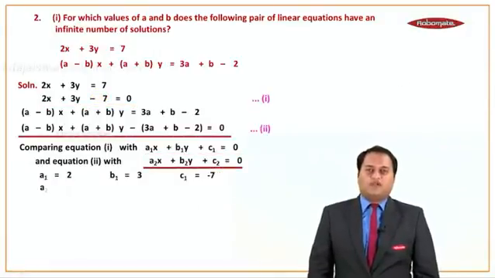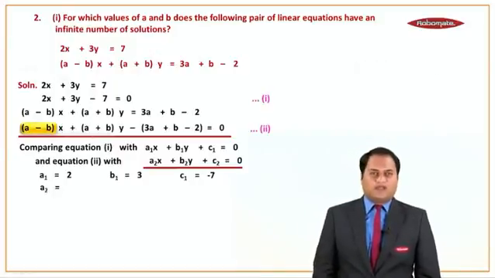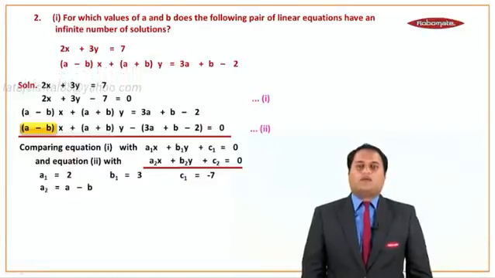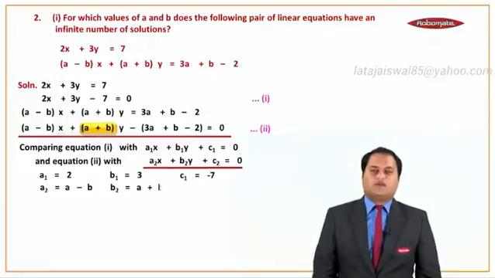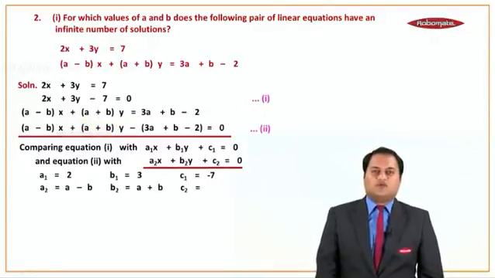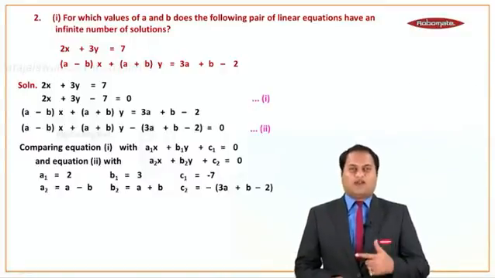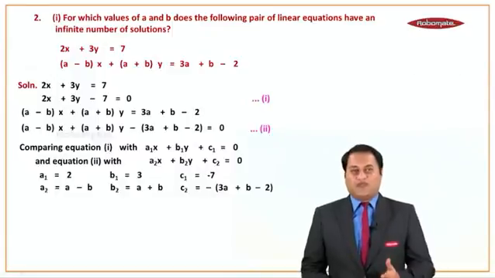Second equation, carefully do it. a2 is equal to, what is the coefficient of x there? a minus b. b2 is equal to a plus b, and c2 is equal to minus of (3a plus b minus 2), right? Standard form, then comparing, finding the values of a1, b1, c1 and a2, b2, c2.